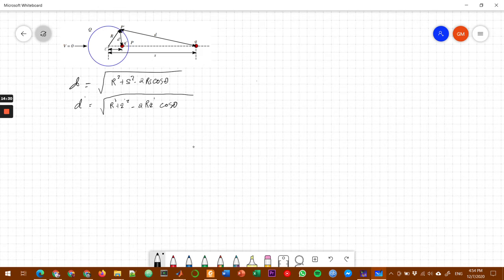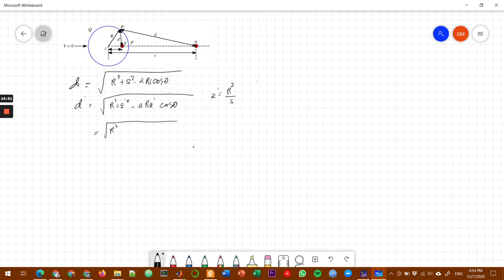Now, naa man ko expression sa katong Z prime, di ba? Z prime is, if you can recall, atong Z prime is R squared over S. So, ato siyang i-substitute diha sa sulod.